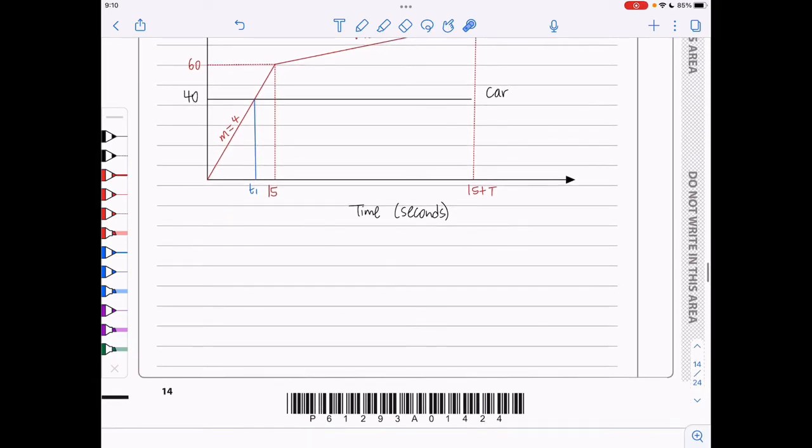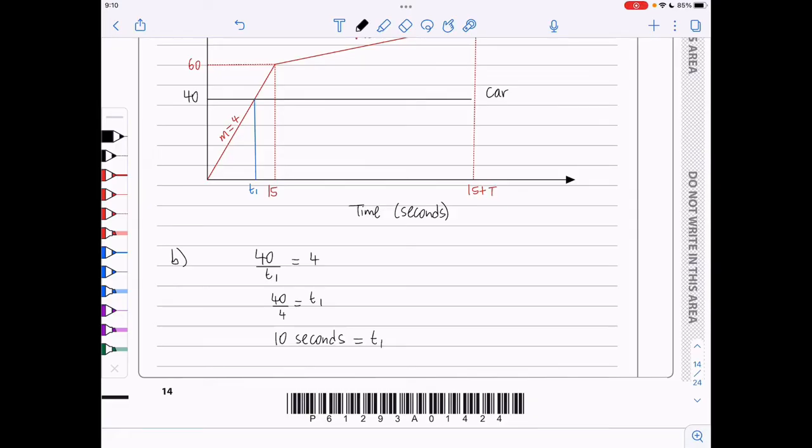I'll be using exactly the same idea: rise over run is equal to gradient. Now the rise is 40, the run is t1, and the gradient is 4. So 40 over 4 is t1. So 10 seconds is the time we had to find.